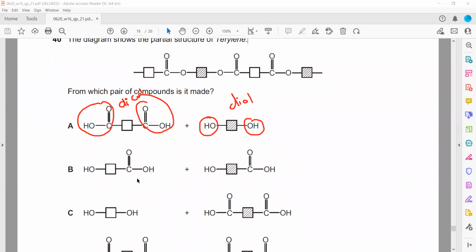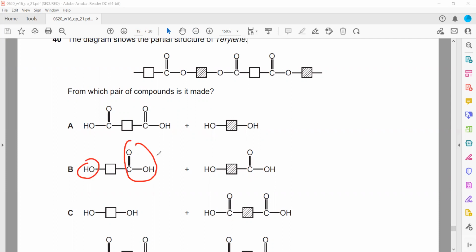Why not B? B is not a dicarboxylic acid. On one side a carboxylic group is there, on the other side OH. So that's why it cannot be. This one is diol and this is dicarboxylic acid, but as you can see, it is not shown correctly. The shaded part is with OH, and the unshaded box is with C double bonded with O. But here, with the structure C double bonded with O, the shaded box is there.